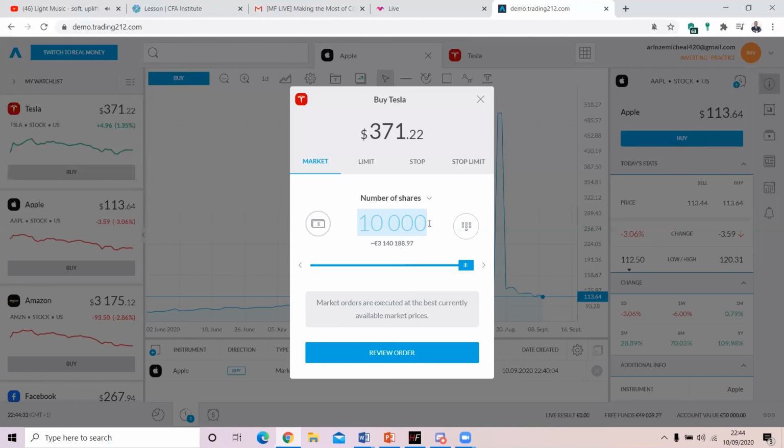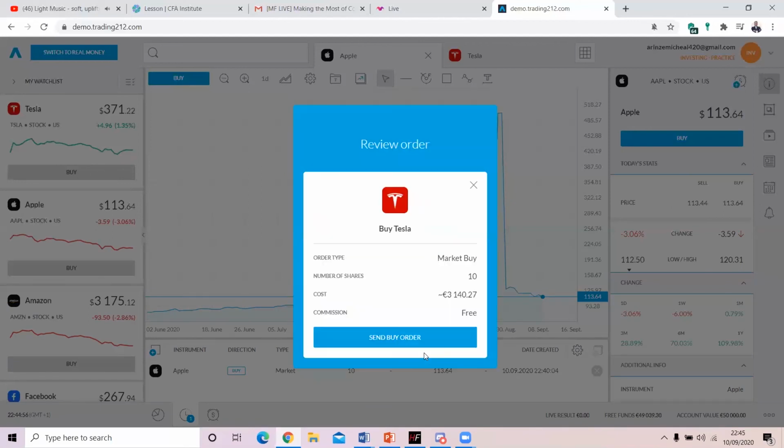So what am I going to do? I'm going to review my order to place a lower order that is within the amount I have in my Trading 212 account. So let's go with 10. You can see 10 falls within the residual amount I've got in my Trading 212 account.